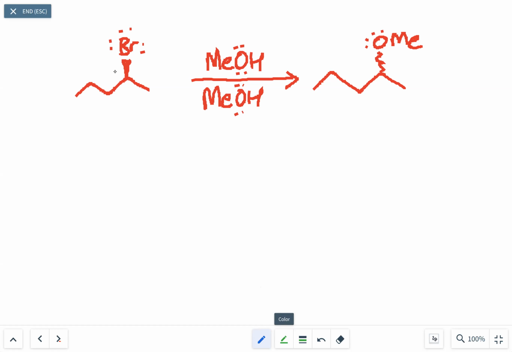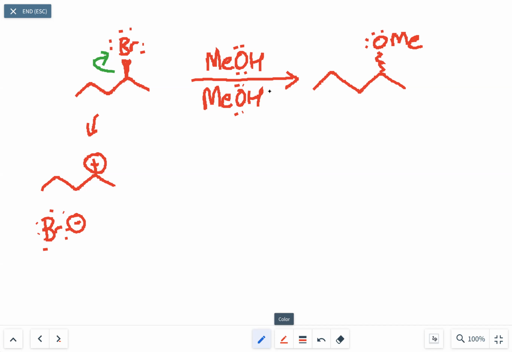Right, we're going to break the carbon-bromine bond. Okay, so this is going to give us the carbocation plus bromide.